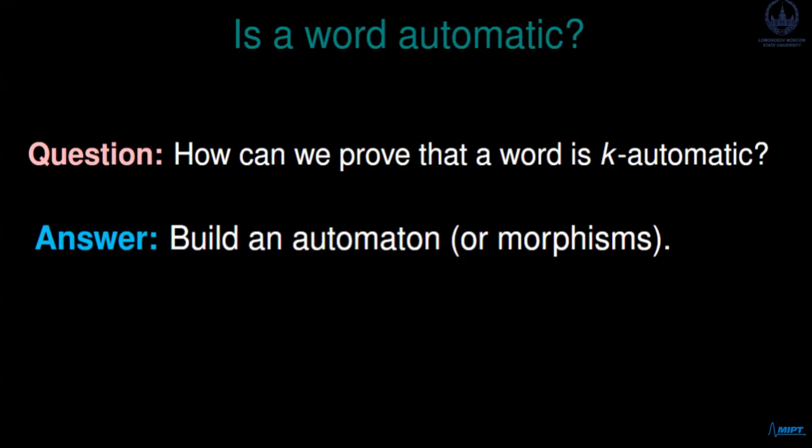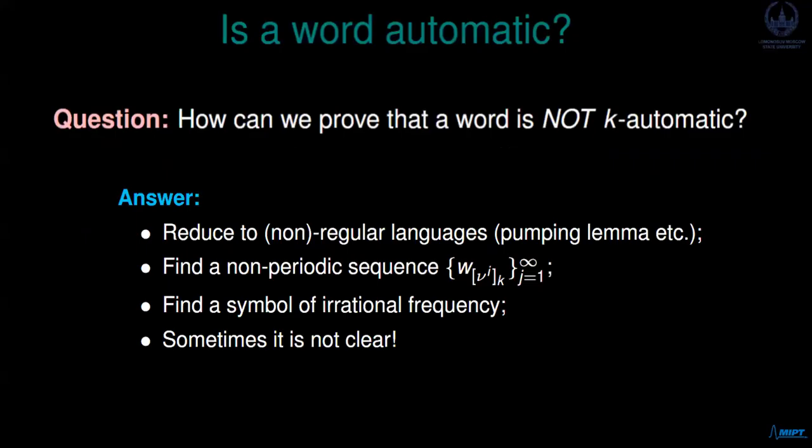Alternatively, using morphisms and coding, as described in Cobham's theorem, is another way to demonstrate automaticity. Building an automaton allows us to explicitly show how the sequence can be generated in a structured manner, confirming that the word is indeed automatic. We have another interesting question.